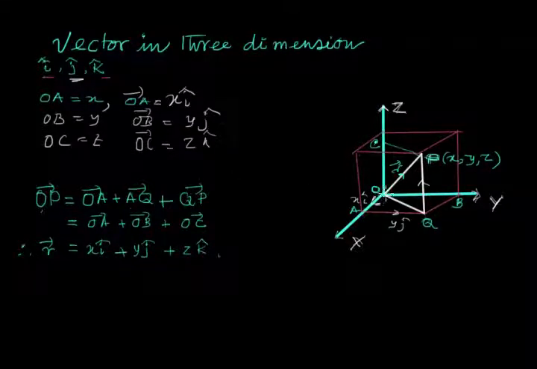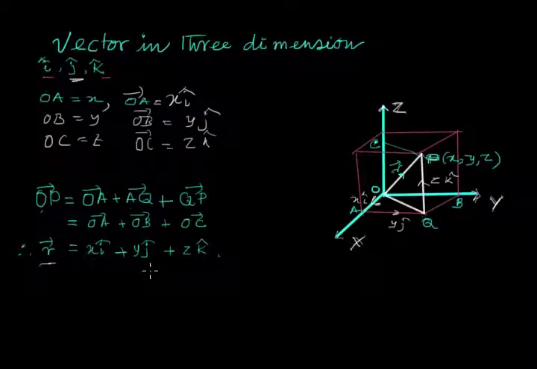This is the initial point. We move first along the x-axis to reach A, that is x i units, and then we move y j along AQ, which is y into j cap, and then from Q we move to P, and that is z k. So when you add these 3 vectors, we get vector R. R is along OP.